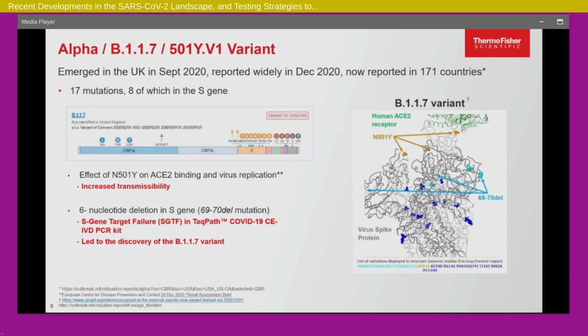It was identified because of an observation by the investigators in the UK. They reached out to us saying, listen, we are using your TaqPath assay, and we are seeing an interesting finding where you have 3 genes in your assay, and one of these targets is not amplifying. Is there something wrong with the assay?